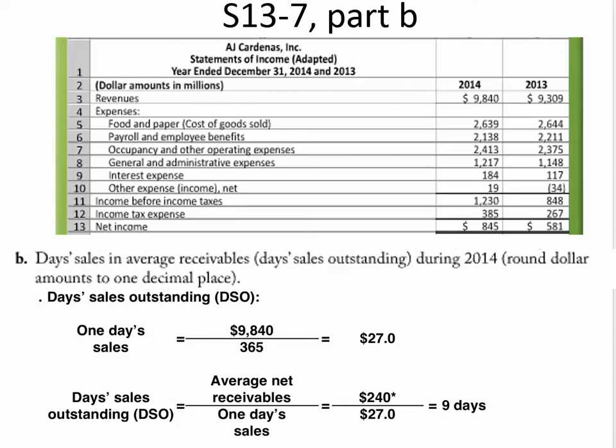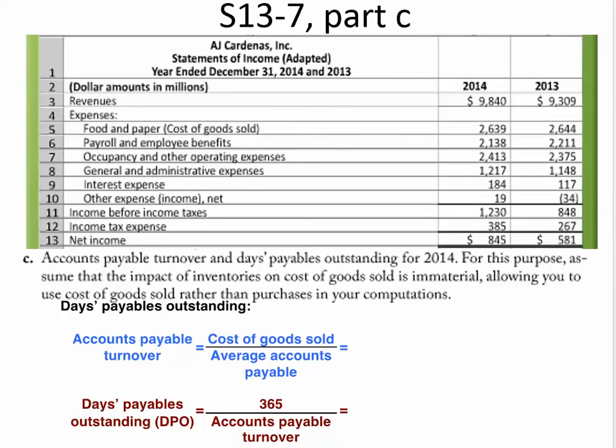So now we go on to part C. Part C says calculate accounts payable turnover in days payable outstanding. So what we're going to do here is we're going to take accounts payable turnover, which is cost of goods sold divided by average accounts payable, and then we'll get our days payable outstanding by taking 365 divided by accounts payable turnover.